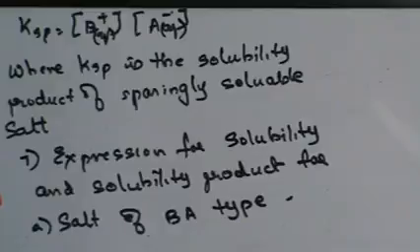It's not the same as your previous derivation. There I just defined what solubility product is. Now I'm going to use that and derive something else. I'll just show it to you.